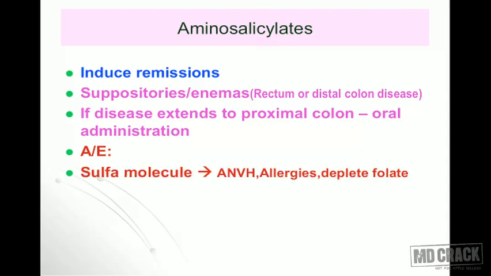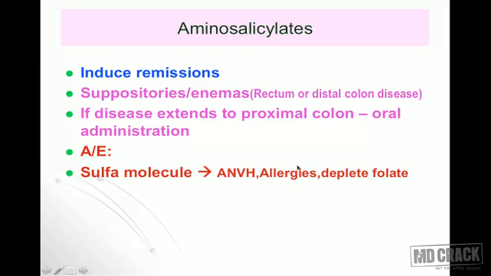Aminosalicylates can lead to certain adverse effects. Number one, there is a sulfur molecule involved, and this is why there can be anorexia, nausea, vomiting, and headache. This ANVH is anorexia, nausea, vomiting and headache. Then allergic reactions and depletion of folate.